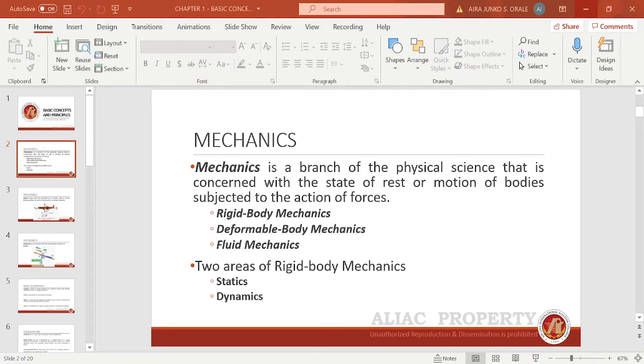There are three different types of mechanics: rigid body mechanics, deformable body mechanics, and fluid mechanics. Rigid body mechanics is further divided into statics and dynamics. This subject is all about rigid bodies, especially static rigid bodies.